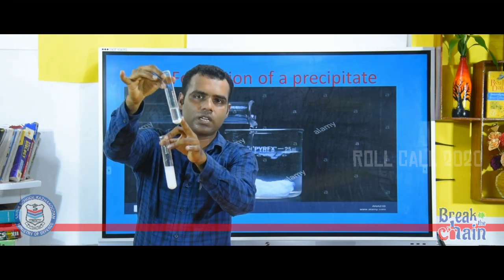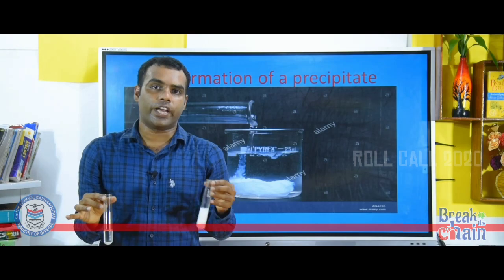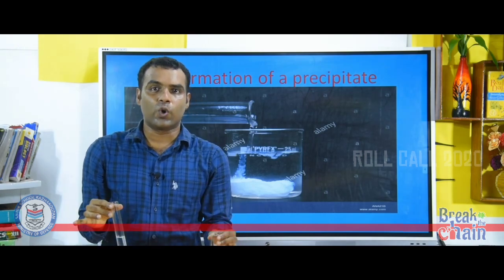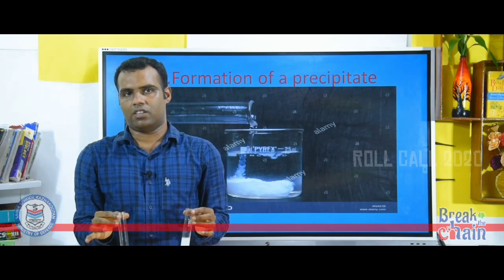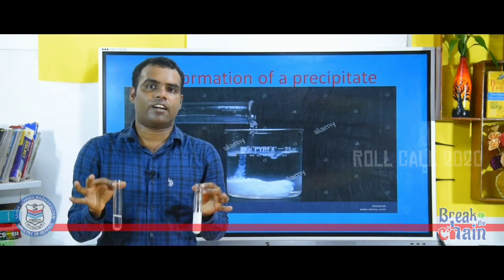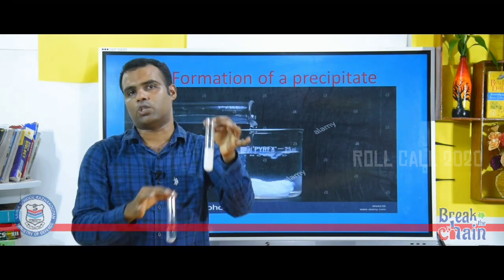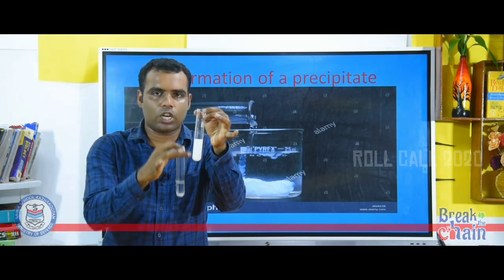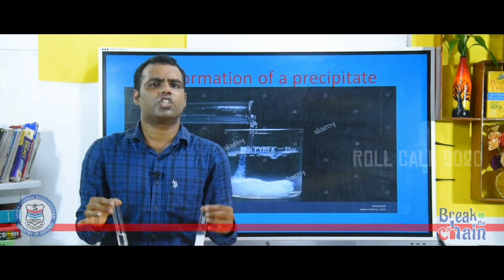This insoluble substance is actually called a precipitate. So what is the meaning of precipitate? An insoluble substance formed during a chemical reaction. In this case, I have mixed two clear solutions. After mixing, I got an insoluble substance. This insoluble substance is due to the formation of barium sulfate, which is insoluble in water.